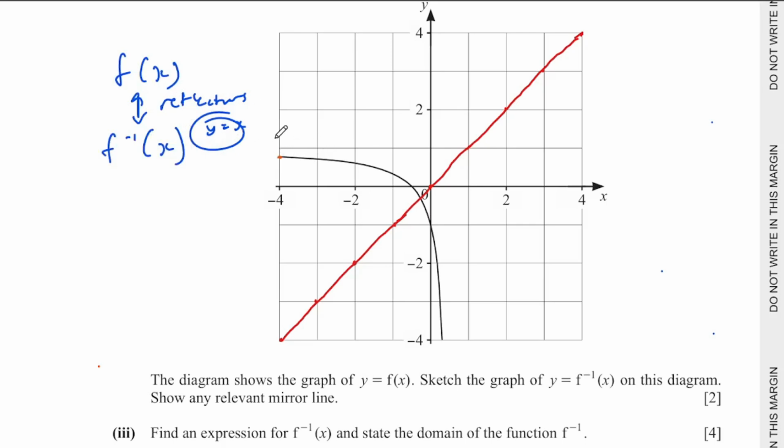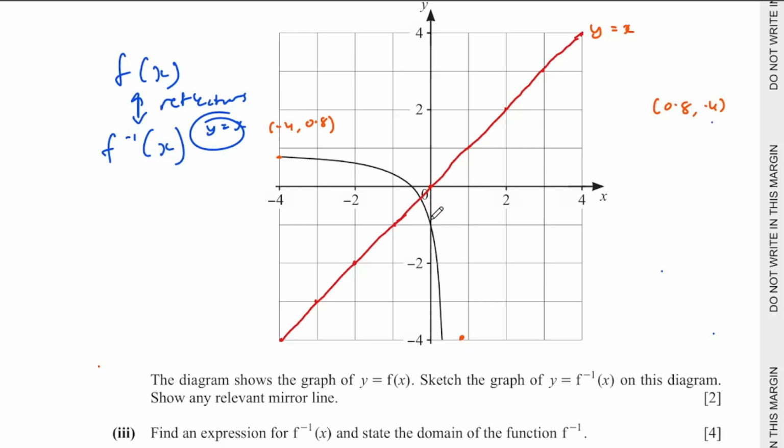So this right here is negative 4 and about 0.8, right? And if we reflect it along this line y equals x, meaning the x and y switch places, which means on the other end we're going to look for 0.8 with negative 4, which would be somewhere here. Okay, so that's the first point.